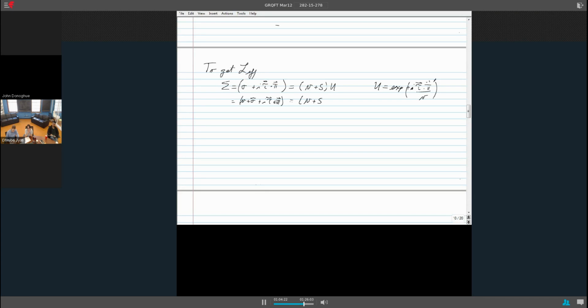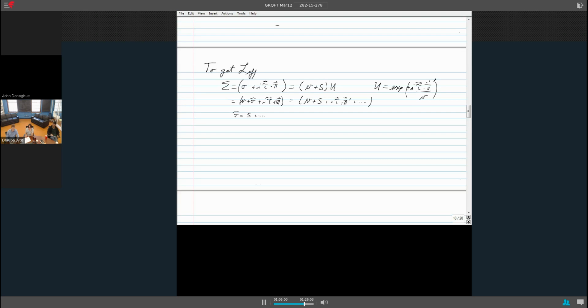Remember, sigma was sigma plus i tau dot pi, a 2 by 2 matrix. I'm going to write that as (V plus S) times U, where U is this exponential, e to the plus i tau dot pi over V.